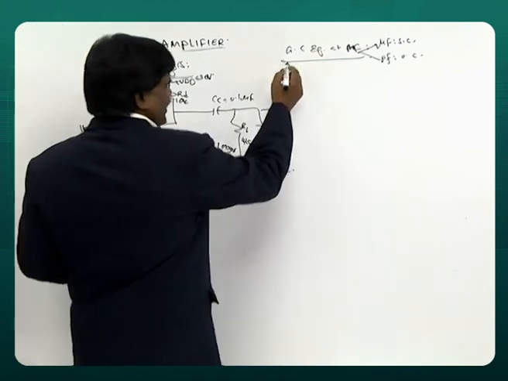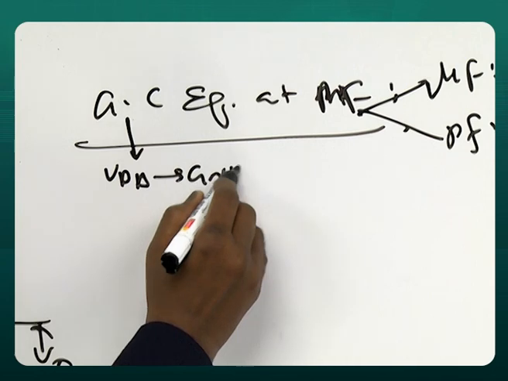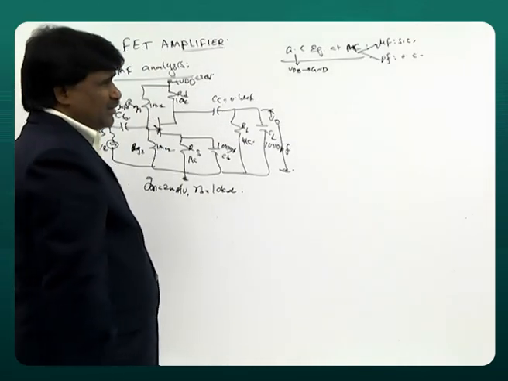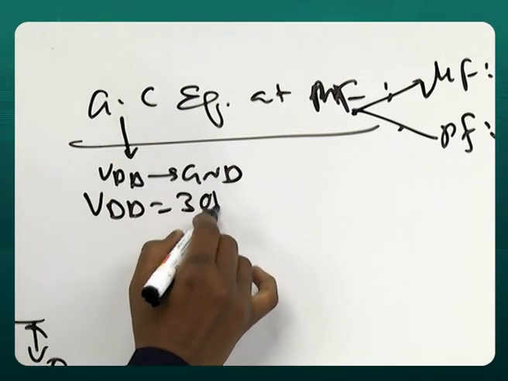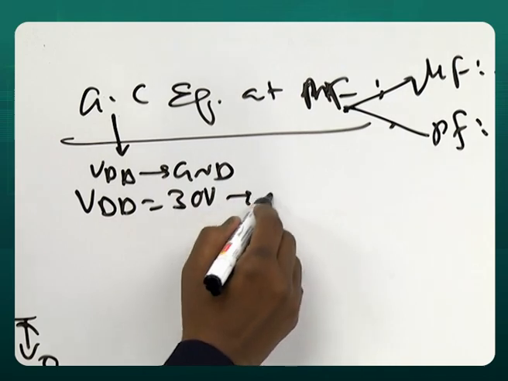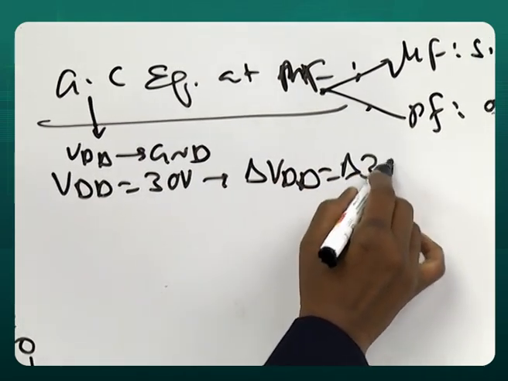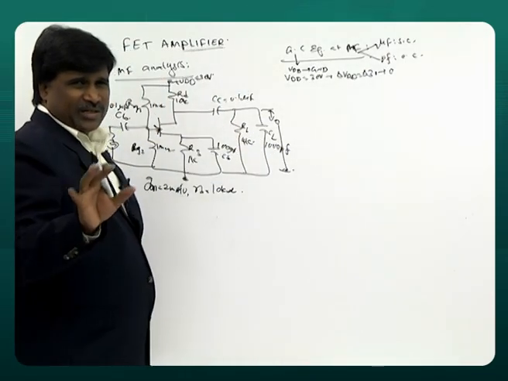Then what does it mean by AC? Supply is grounded. Why is supply grounded? If any constant is there, for example, VDD is 30 volts, AC means the change in VDD, change in 30 volts, is 0. 0 means ground. So three aspects I need to consider.